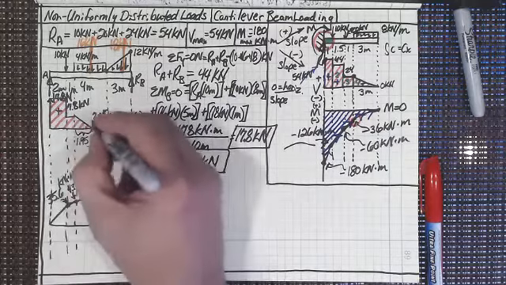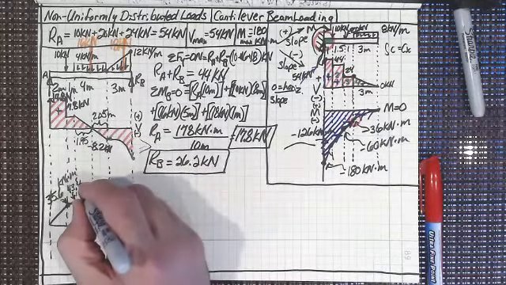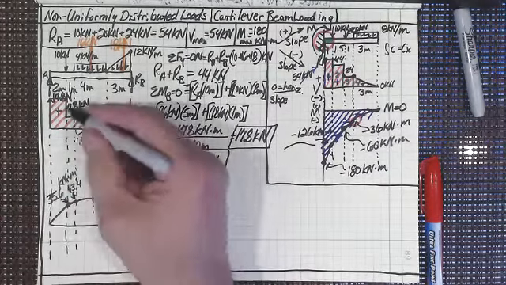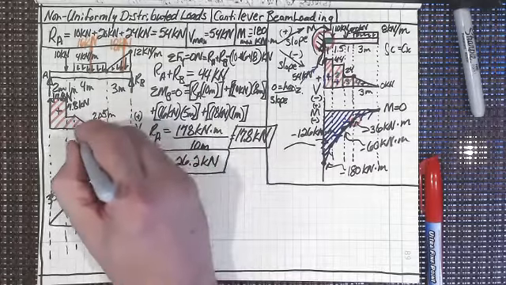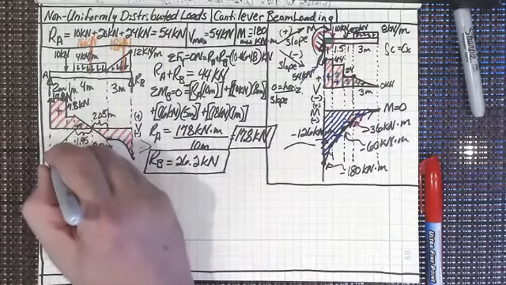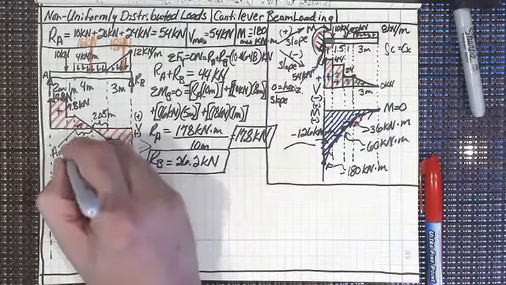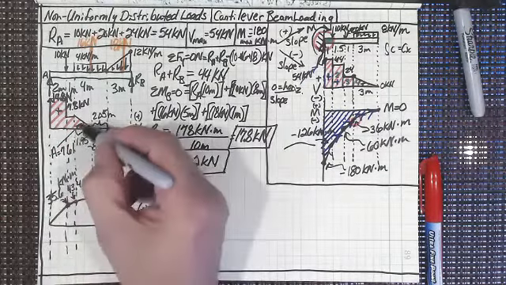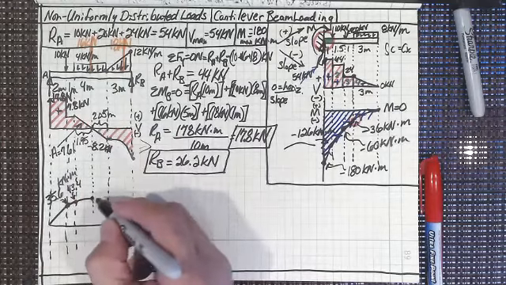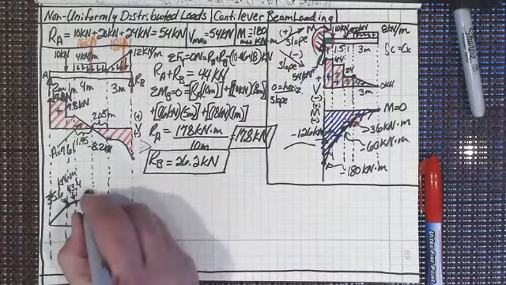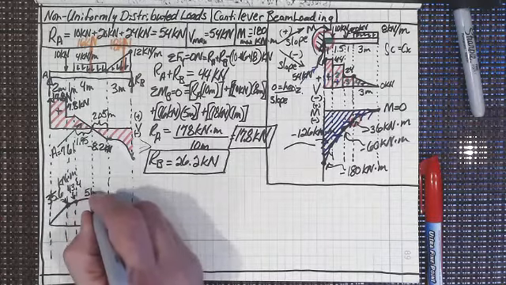So area equals 7.61, just so that you know that's how it got there. So the 43.4 plus that 7.61 gives me 51 even.